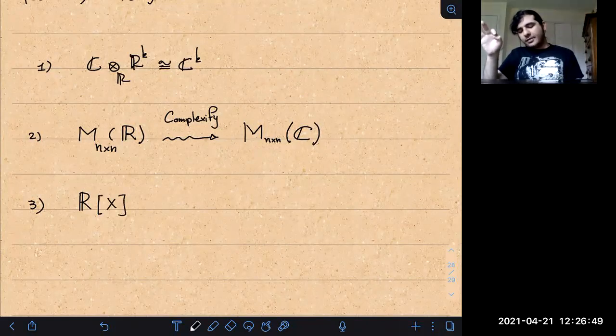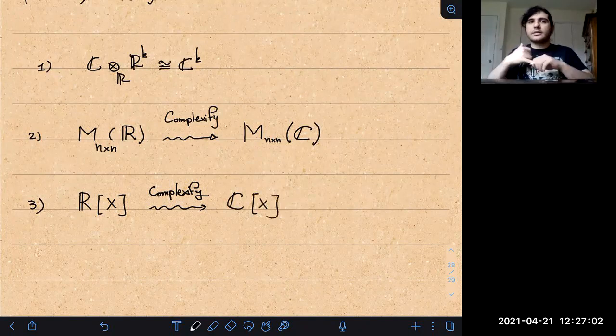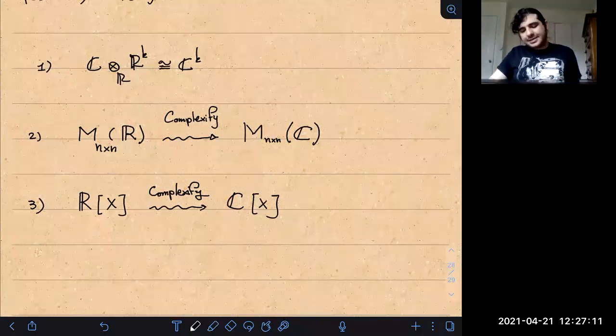If we complexify that, we would get polynomials in one variable x with complex coefficients. Okay, good. So we have these similar things, and you usually can guess them.